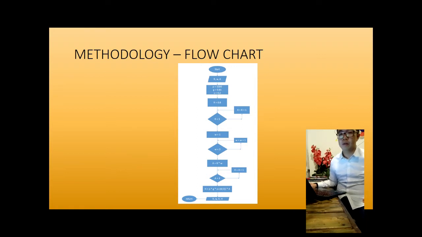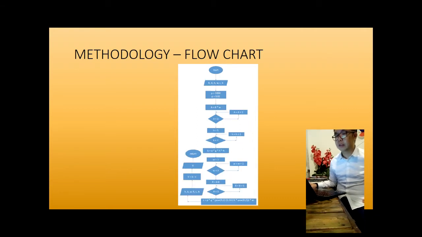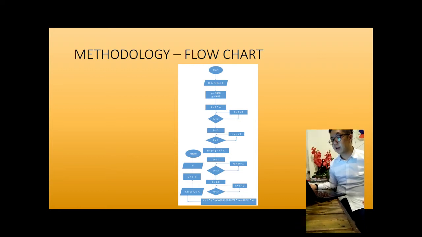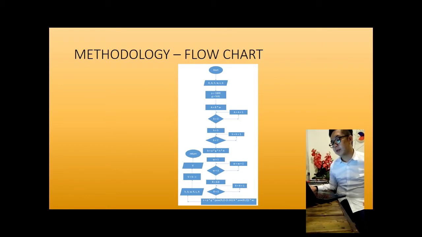Then we go for the second sub function, with the same procedure. We scan the variables and constants first, and then keep looping, and we get the function B, which is the upward force equal to density times gravity times height and area.